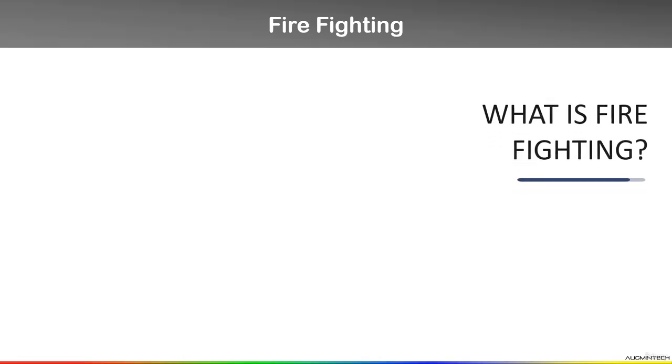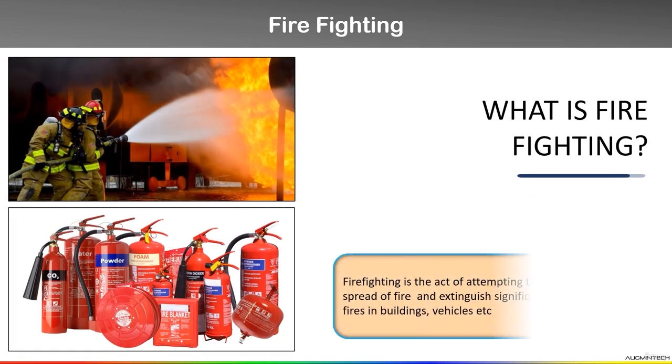Now, what is firefighting? Firefighting is the act of attempting to prevent the spread of fire and extinguish significant unwanted fires in buildings, vehicles, etc. Basically, a firefighting system is an activity of prevention during a fire spread in a building, home or warehouse.